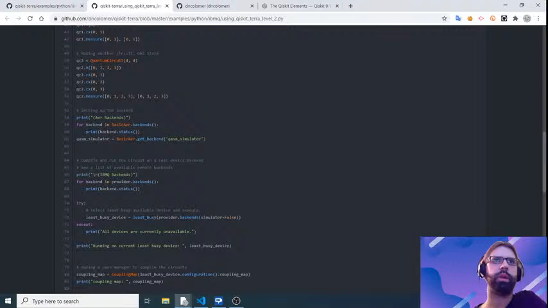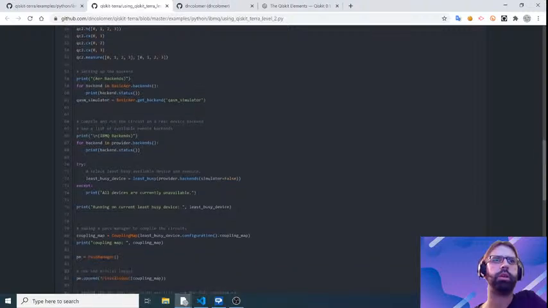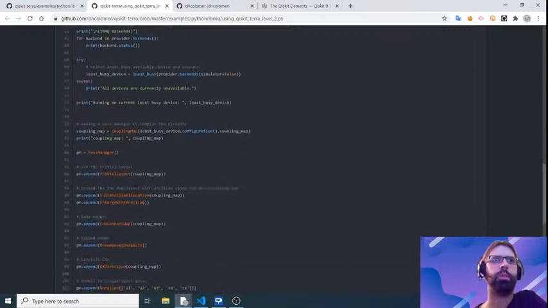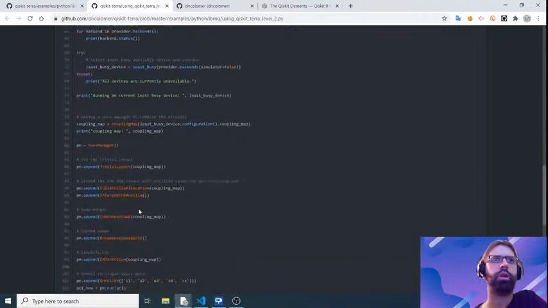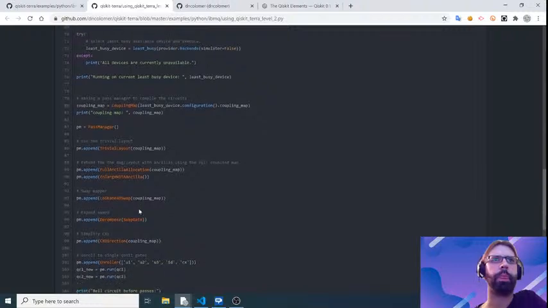For backends, basically print backend status, custom simulator, get custom simulator, print IBMQ backends, okay. Try least busy device, print all devices, blah blah blah. The pass manager, I don't know what it is. Extend the data. Okay, so this is more advanced.